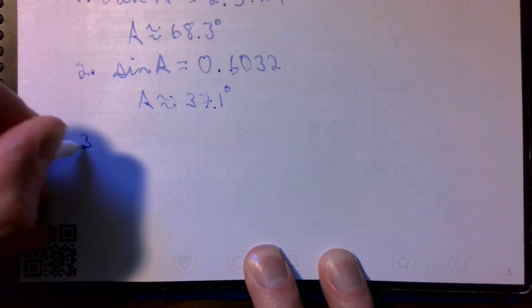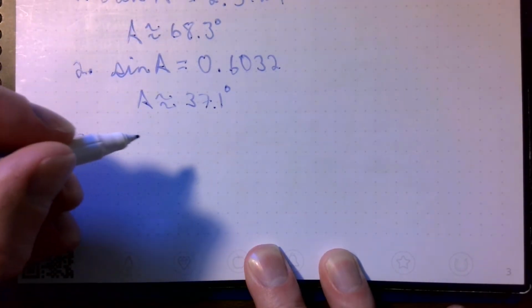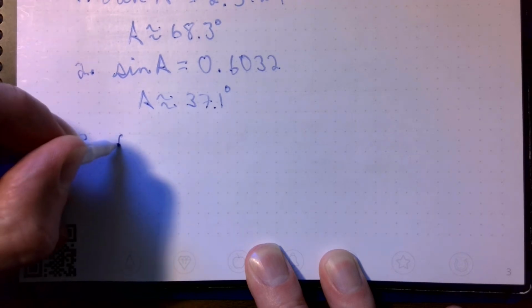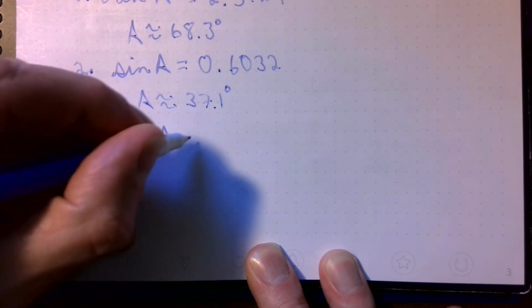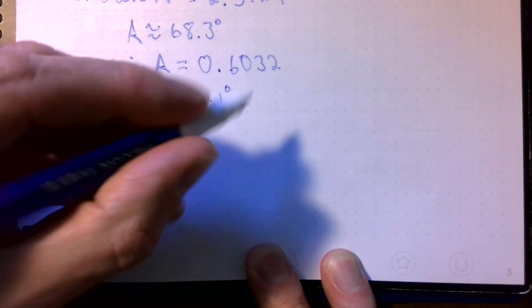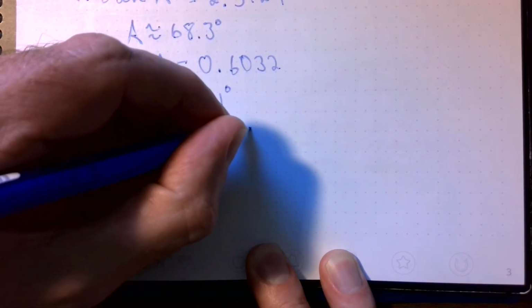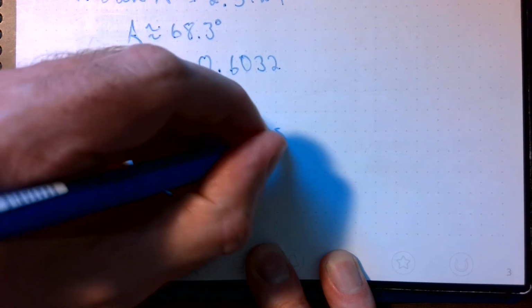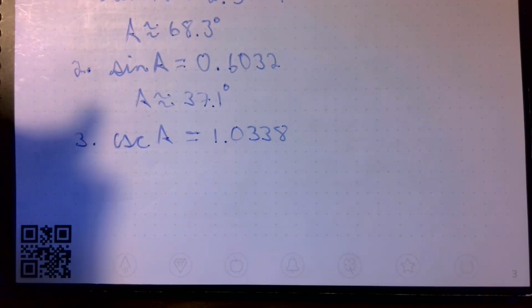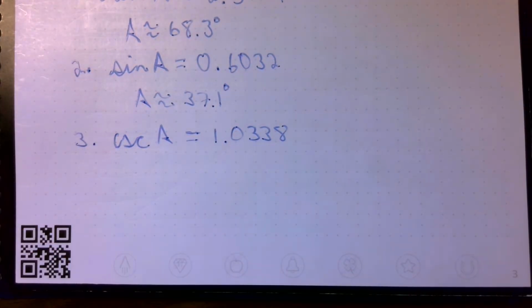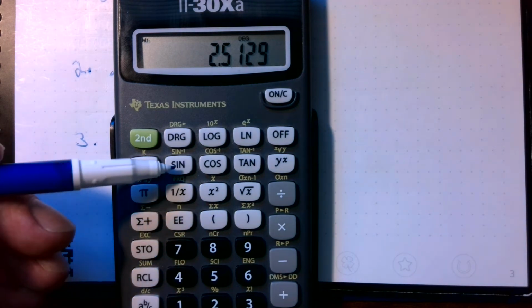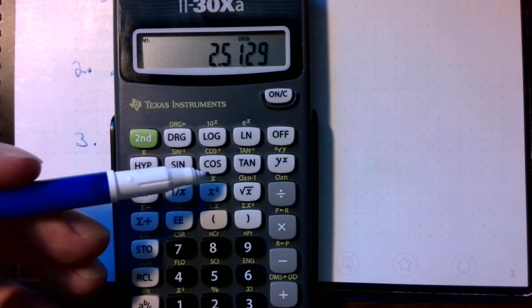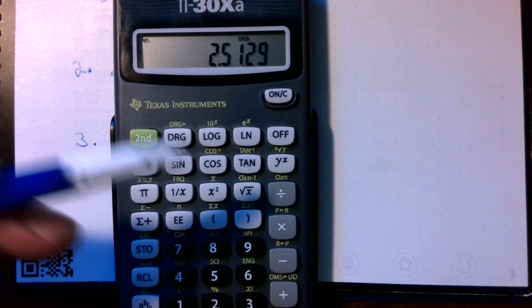Okay, so I want to find an angle A such that the cosecant of this angle is equal to 1.0338. All right, now, here's the problem, okay? I look on my calculator, I got buttons for sine and sine inverse, cosine, cosine inverse, tangent, tangent inverse.